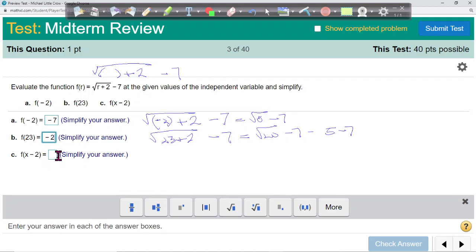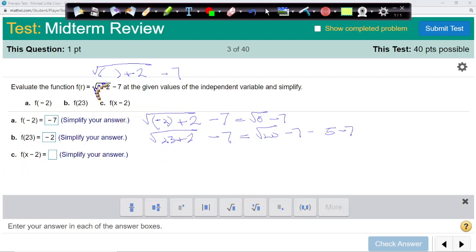Now this one, we're not going to get a numeric answer because our input includes a variable. And this is where it is important to have this set up with the open parentheses. Whatever is in this parentheses, that's what goes in there. So x minus 2 is going to go into the open parentheses.